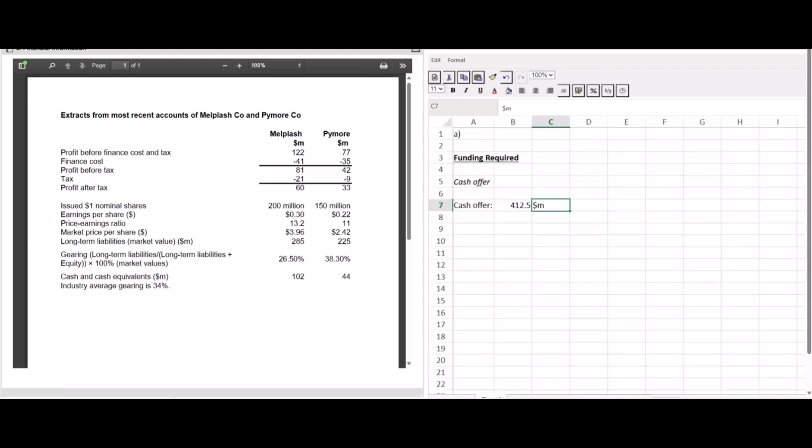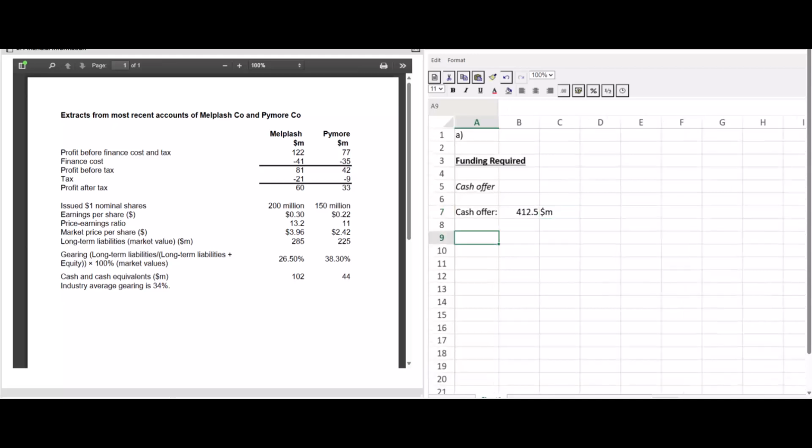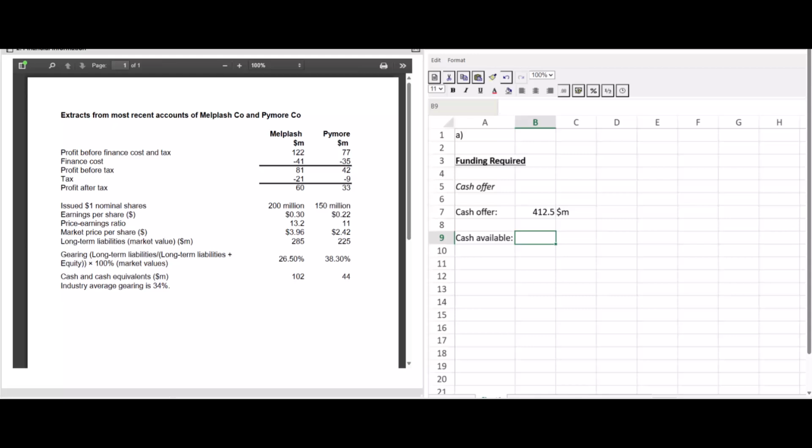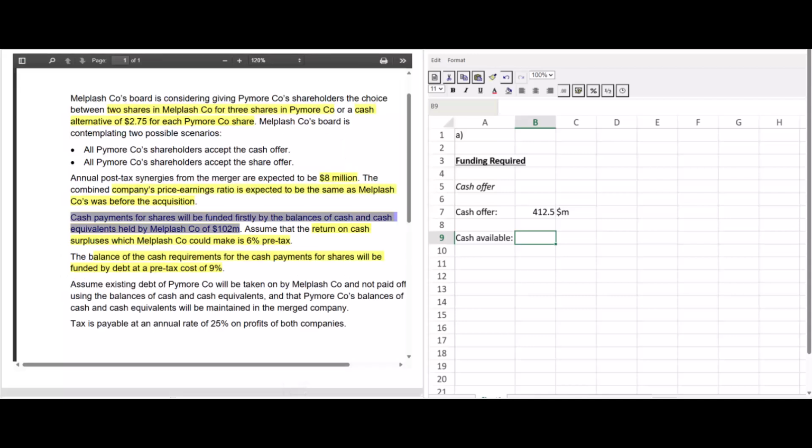Great stuff. Now, do you remember it said that we're going to finance that using cash and cash equivalents? The cash available, it told us in the question that we've got 102 million of cash and cash equivalents available. I'll just remind you where that was. There you go. Cash payments will firstly be made by the balances of cash and cash equivalents held by them of 102 million.